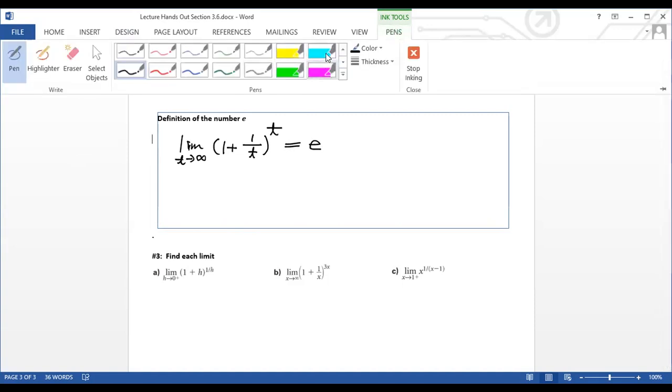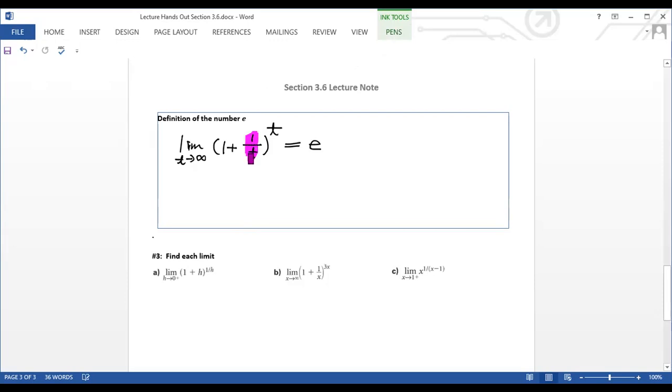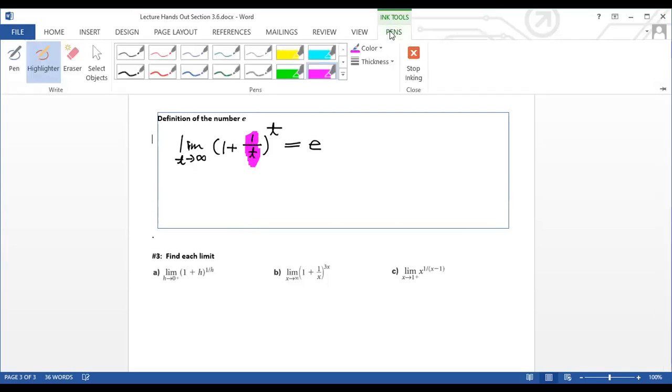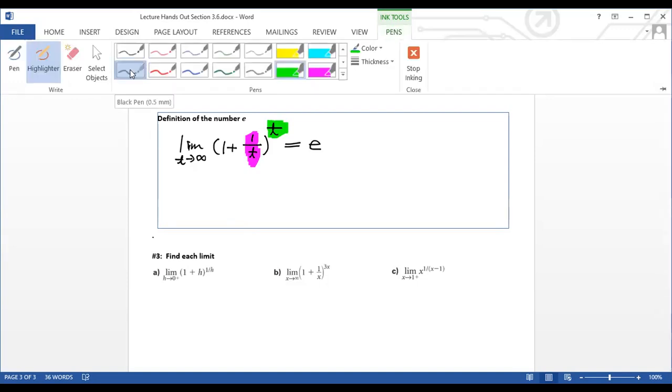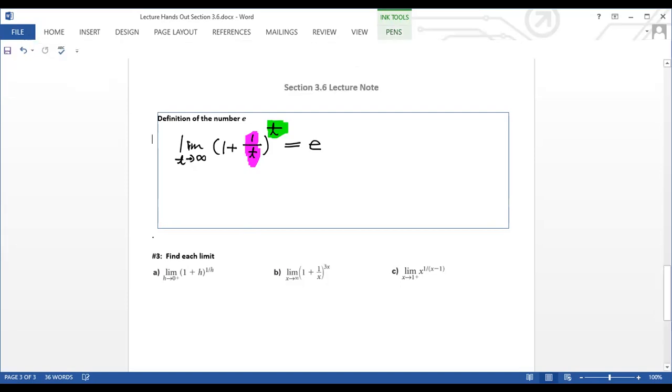Look at the two things here. So these terms here, right? And these terms here, right? If you take a look, when t approaches infinity, what does this whole purple term approach to? Approaches 0, right? Then this green term approaches what? Approaches infinity. So basically this is 1 plus something approaching 0, to the infinity power.